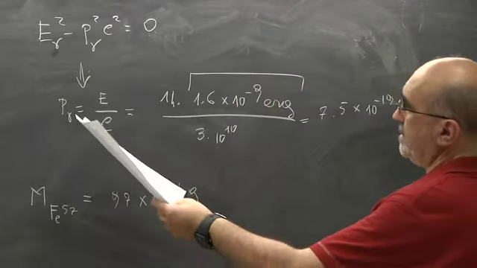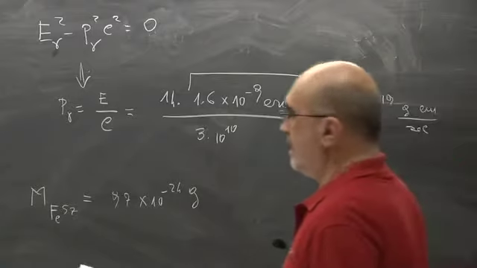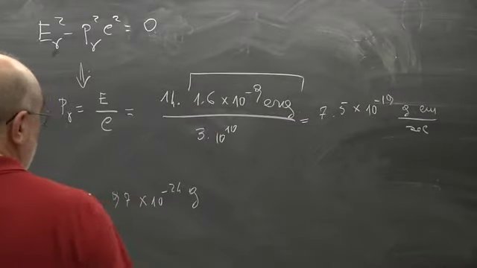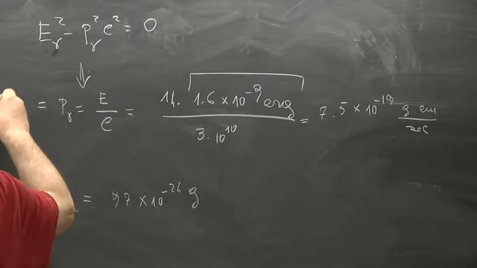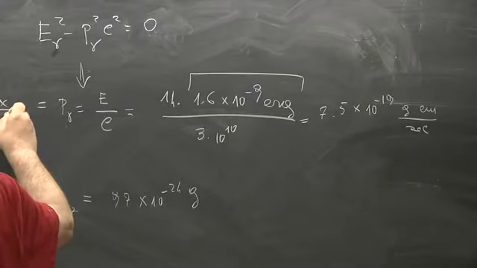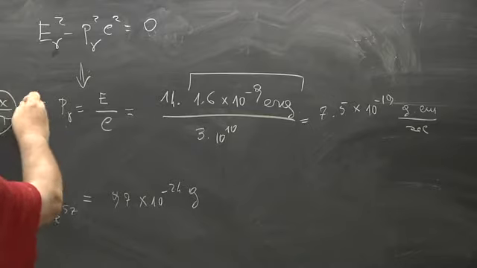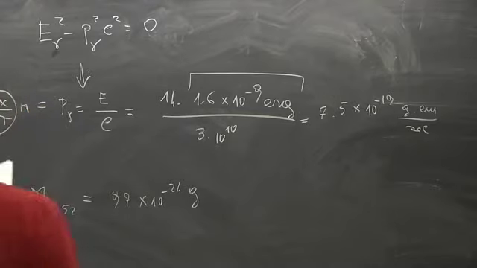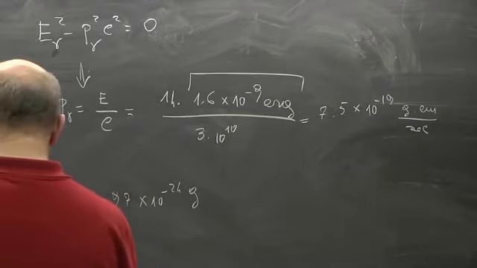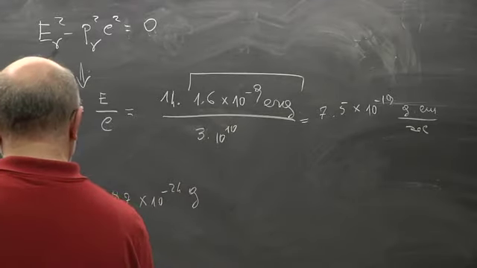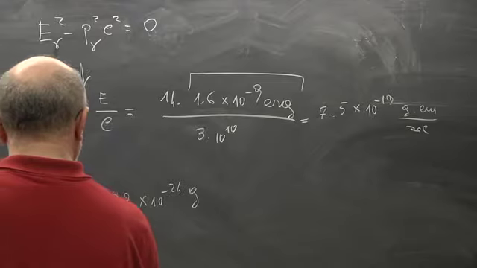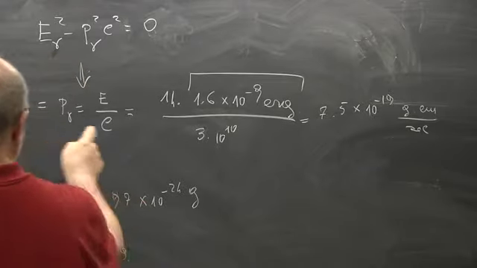I have the recoil momentum, so the velocity in the sense of the proper velocity. That means this is dx d tau, this times m, this velocity I want. Then the velocity is 7.5 times 10 to the minus 19, that is the momentum.